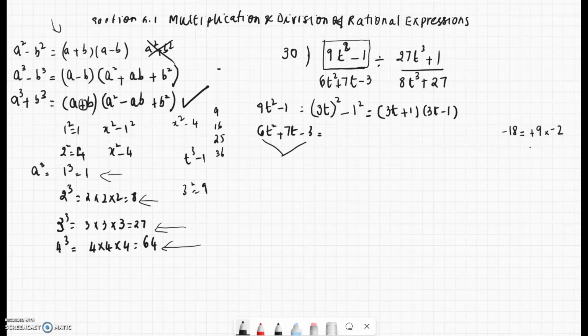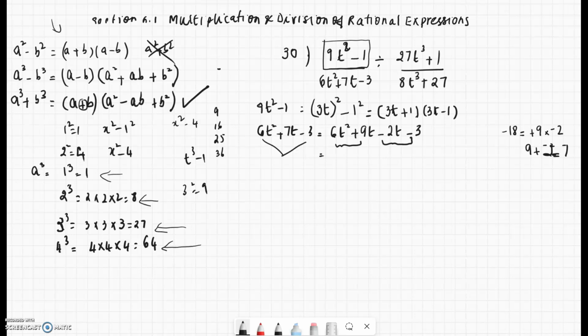That works because 9 plus negative 2 is 7, which is the coefficient of the middle term. So we're going to write this as 6t squared plus 9t minus 2t minus 3. And this can be factored by grouping.